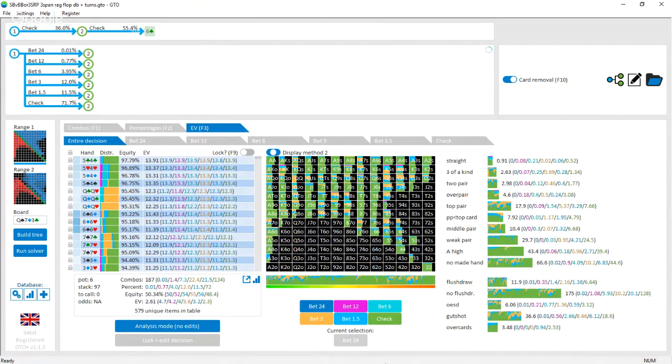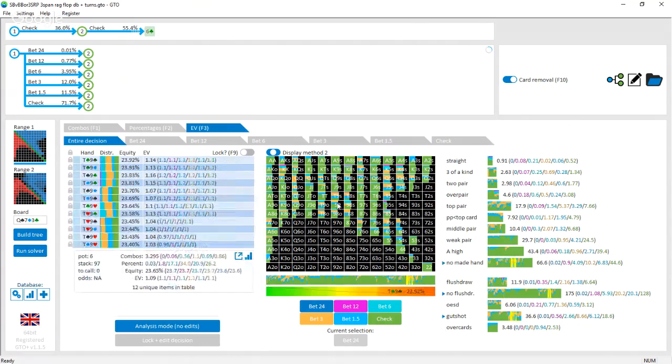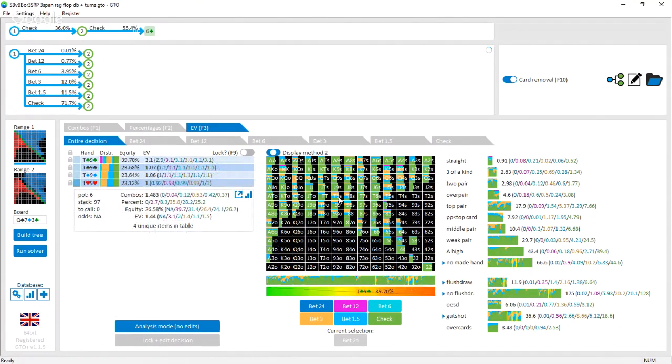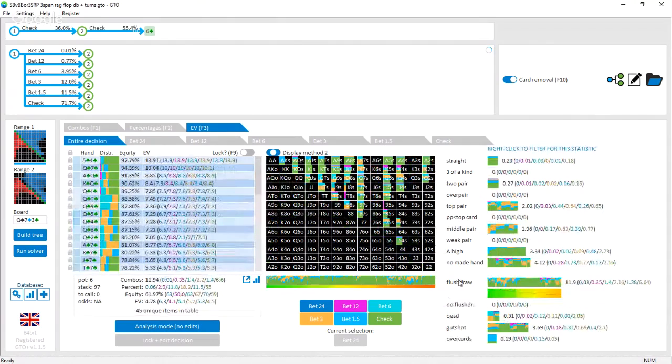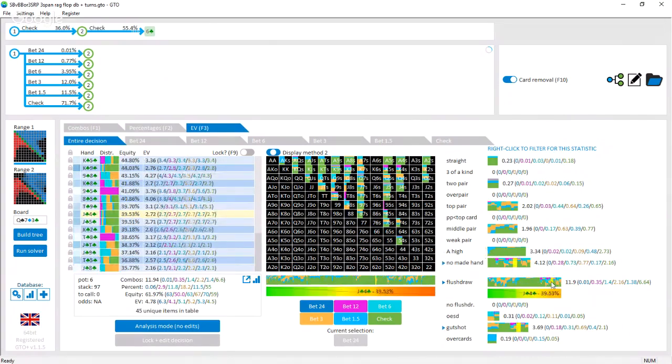But it's not necessarily that you would get more EV check raising as a bluff. In fact, because your opponent is betting so often, some of these weak hands, say some of these flush draws, if your opponent is betting very often when you check, then you're not drawing as effectively with a flush draw.